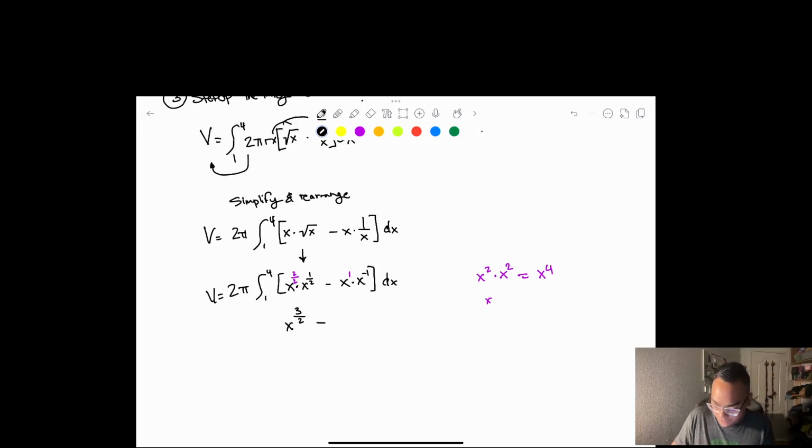So what happens if you do x to the 0 power? It just equals 1. So what this ends up becoming is x to the 0, or roughly x to the 1. I'm going to rewrite this to make it a little bit easier. Because 1 minus 1 is just 0, and 2 pi stays right there.